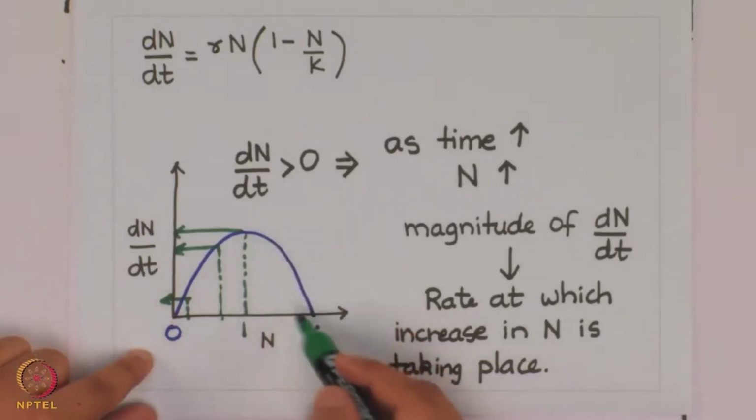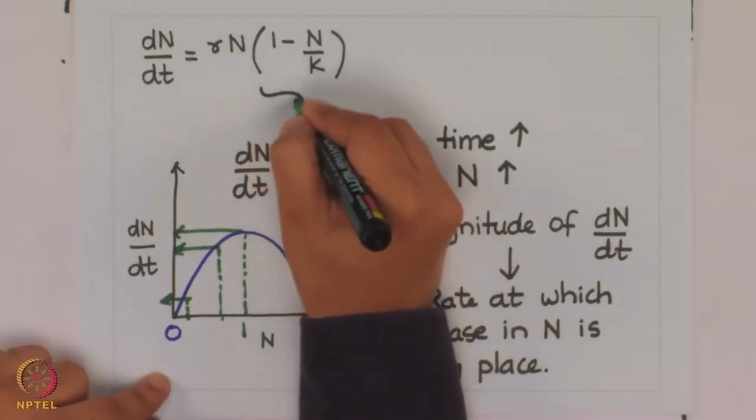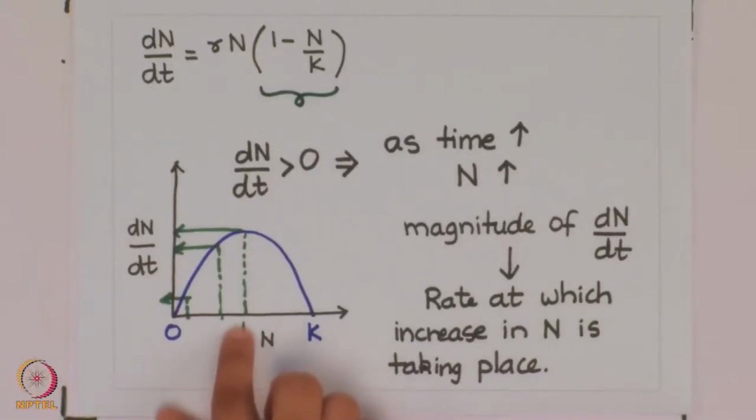But why does it slow down if n is continuously increasing? Because that is where this factor of the equation comes into the picture, the resource limitation. Now, as you cross this point, resources are becoming increasingly scarce, and not every individual in the population is able to divide freely.